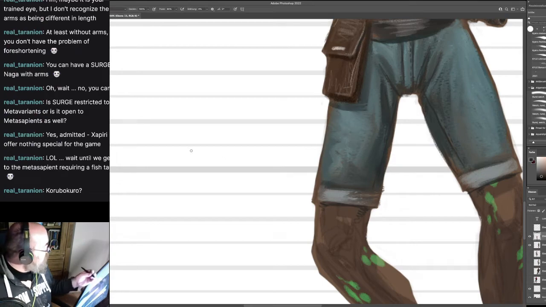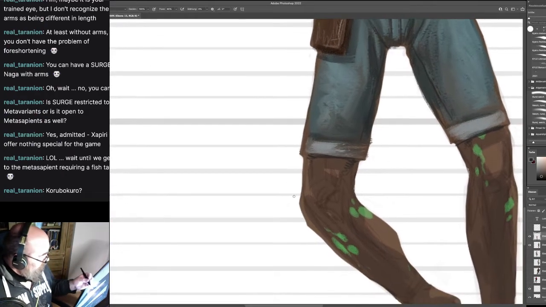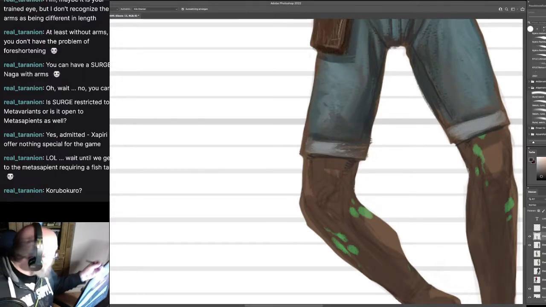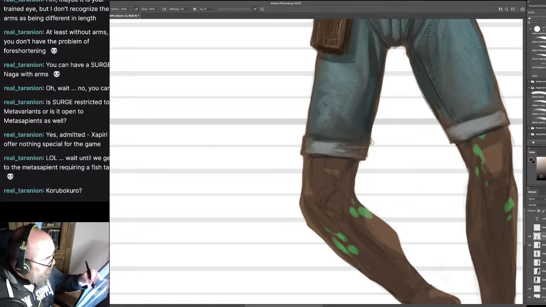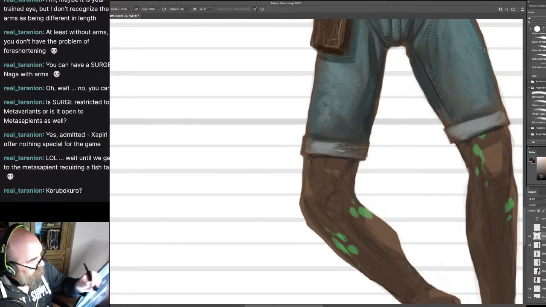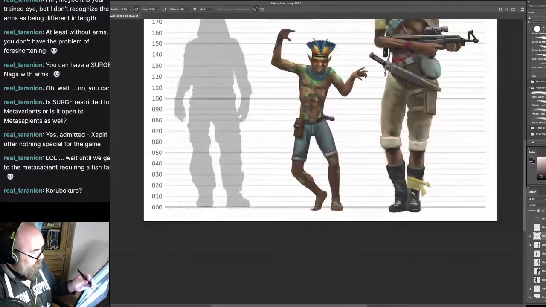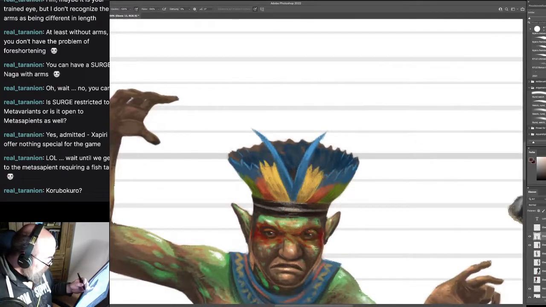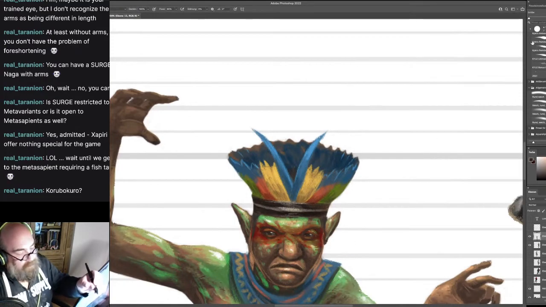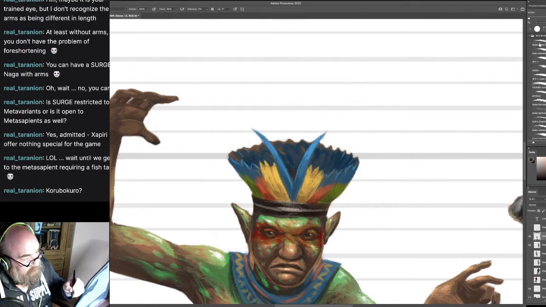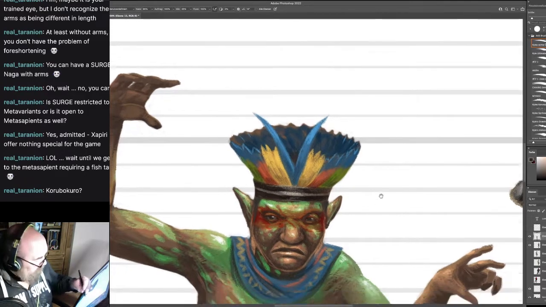And okay, meta sapients, yes, loads of them could be placed there and are placed there. And the Xapiri, they offer a lot of, or at least some, mission and adventure ideas. Being meta variants, however, you can't put them in a critter book. So I kind of get what the thoughts behind introducing them are or were.